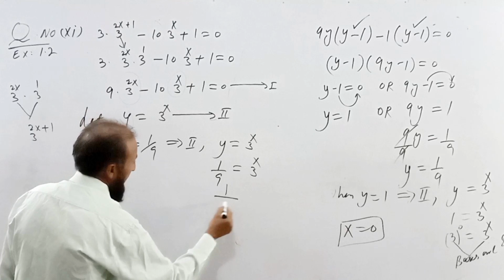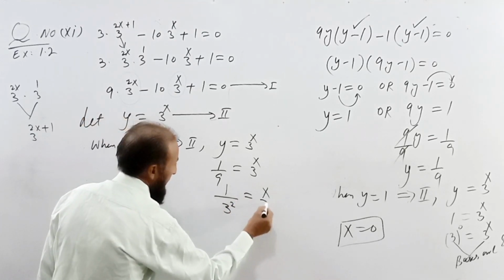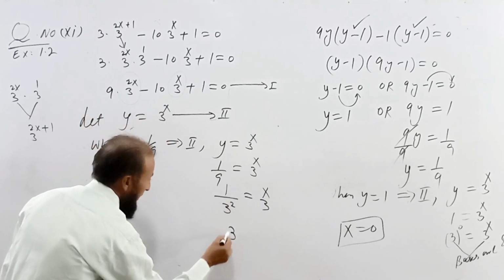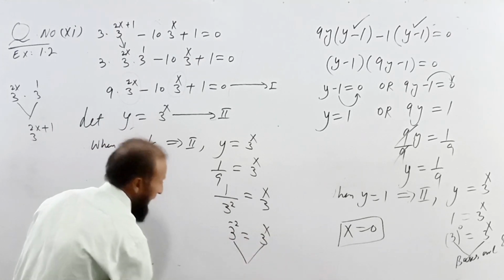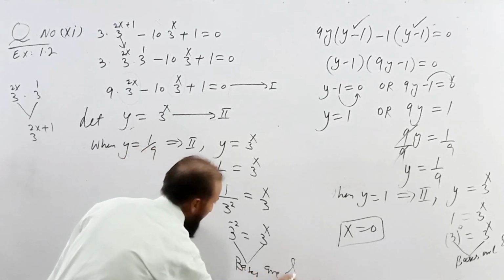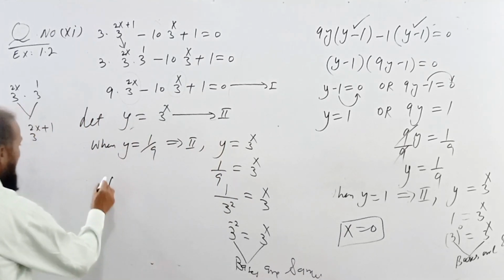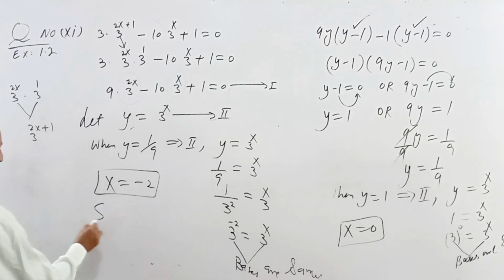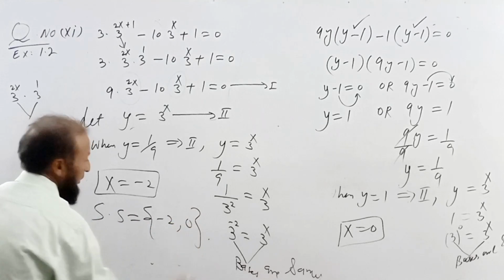We can write this as 1 over 3 square, which is equal to 3 power x. So we take the reciprocal and we can write 3 power minus 2 is equal to 3 power x. Now look here, the bases are once again the same, so we take the power. So x is equal to minus 2. These are the two solutions: minus 2 and 0.